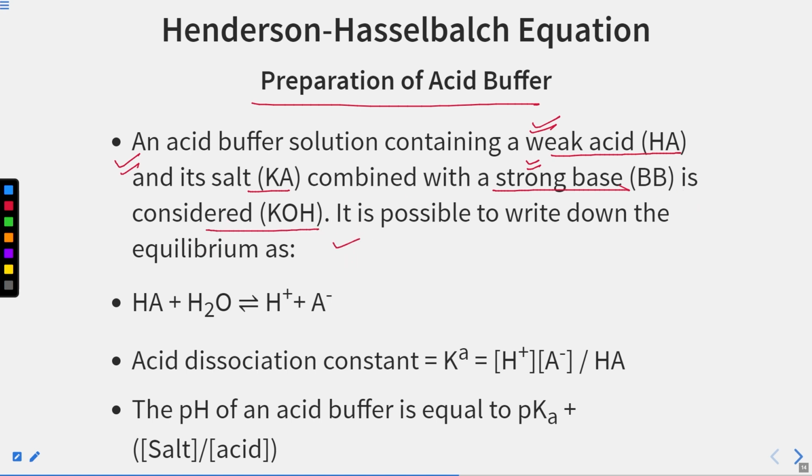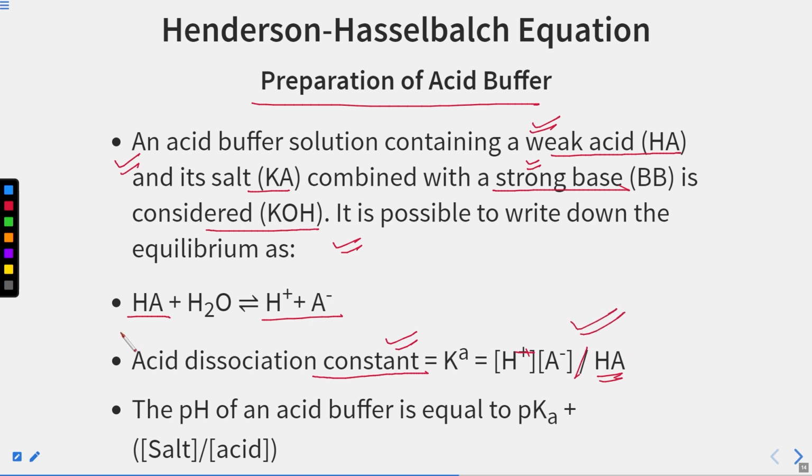It is possible to write the equilibrium as HA, the weak acid, with water giving H plus and A minus ion. Now the acid dissociation constant is the hydrogen ion concentration times the A minus ion concentration upon HA. This is the dissociation constant.